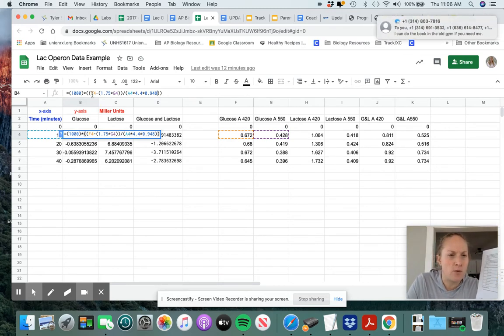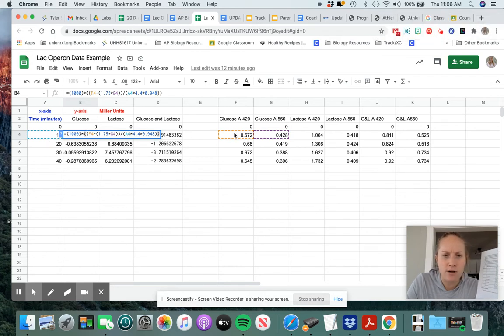You should see F4. So you'll see in the glucose at 10 minutes, F4 is referring to A420, which is where it should be. If you remember back to the Miller units equation, you can go back and double check these. That's what I recommend. Make sure it's set up correctly.